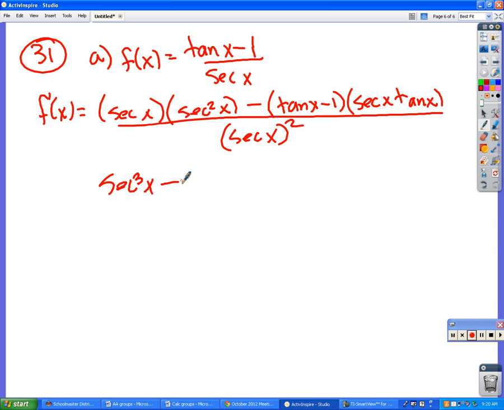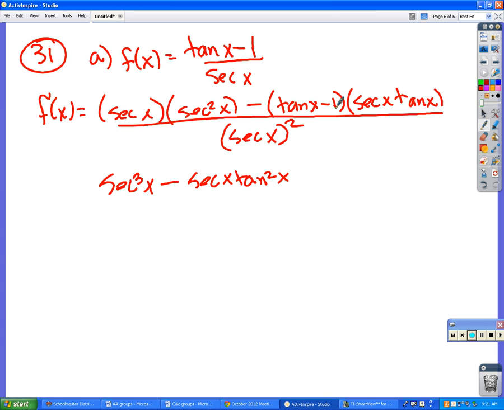Minus, if I distribute this, tangent times secant tangent is going to be what? Secant x tangent squared x, okay? And then you have to be careful with this. This minus carries through to make that a plus, okay?